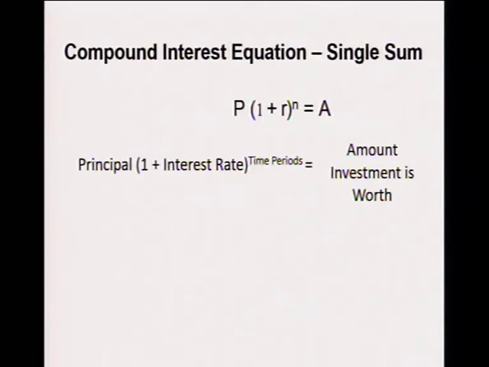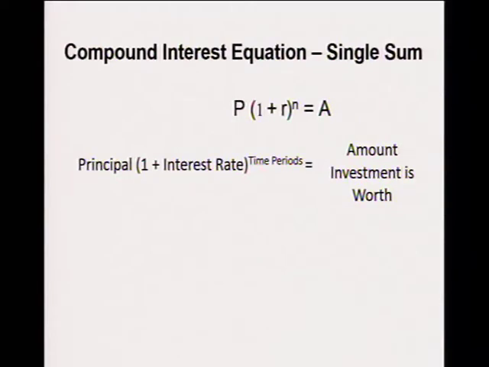A nice formula. P, which stands for principal, multiplied by opening bracket 1 plus R to the power N equals A. A is the amount of the investment, the worth of the investment, what we'll get at the end of the day.